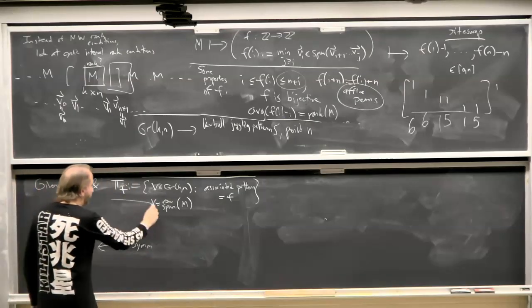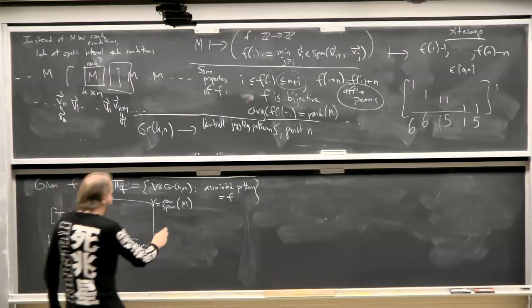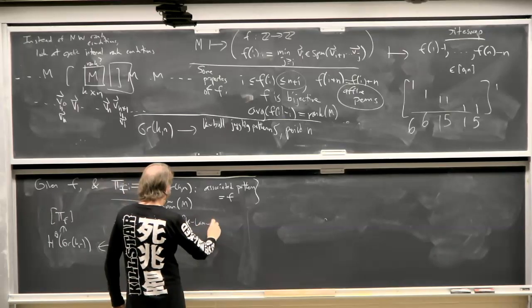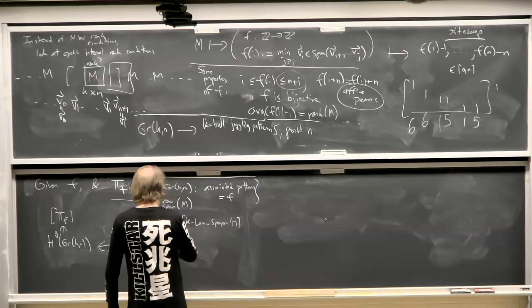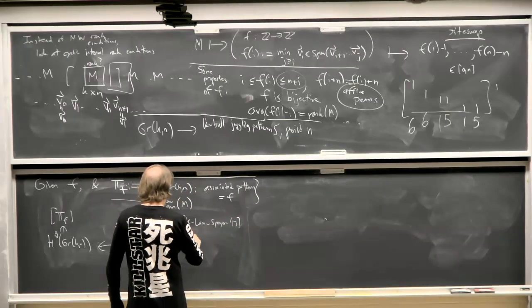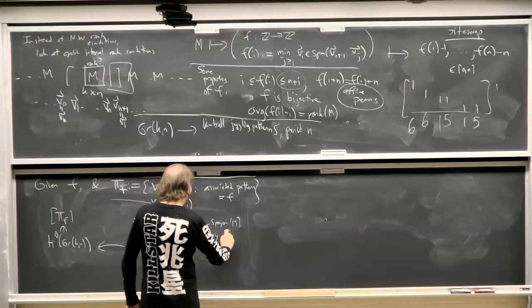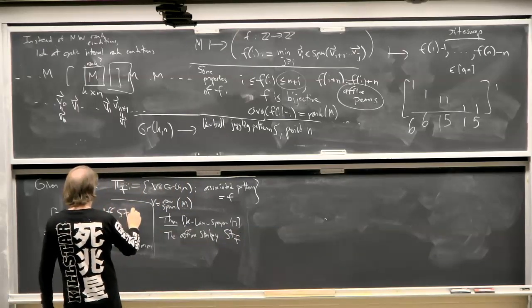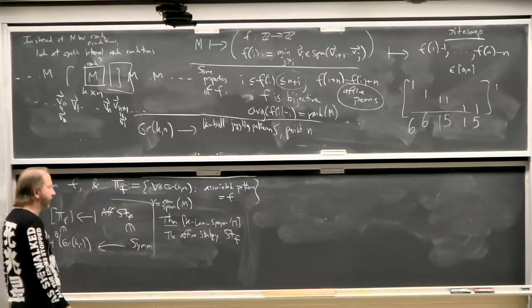And one can ask, what's a representative for this class? And so theorem, me and Thomas Lam and David Speyer in 2013: the affine Stanley symmetric function, affine Stanley sub f, is such a representative.